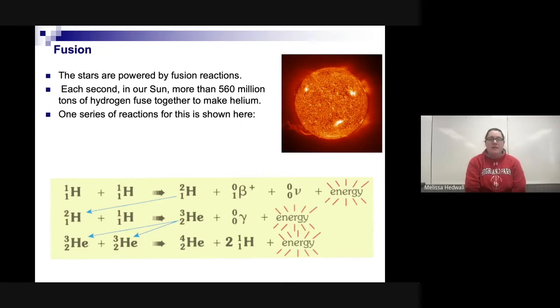Sorry, not gamma rays, neutrino there. So it's a beta particle, so that's your anti-electron. So it's a regular neutrino that's emitted there.